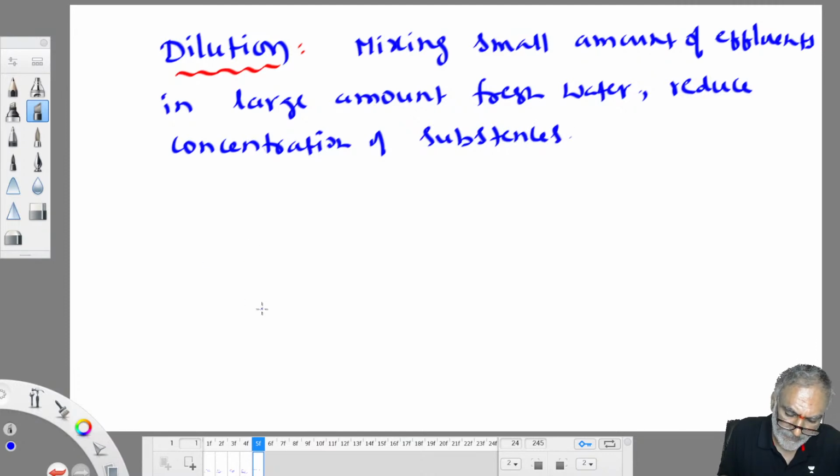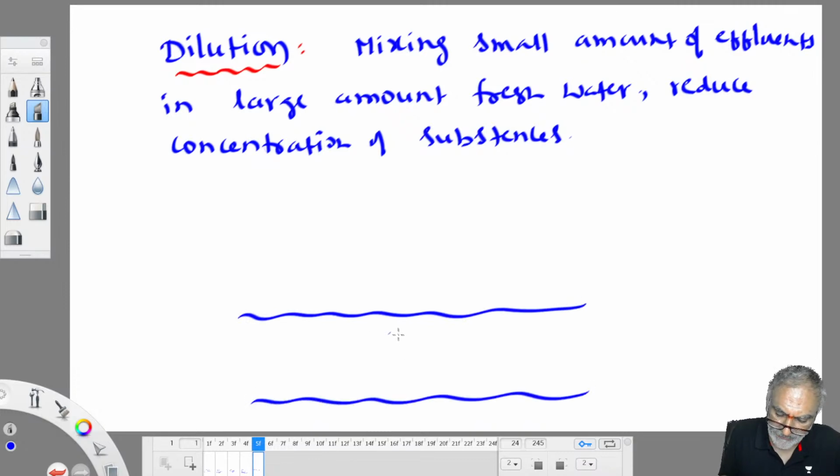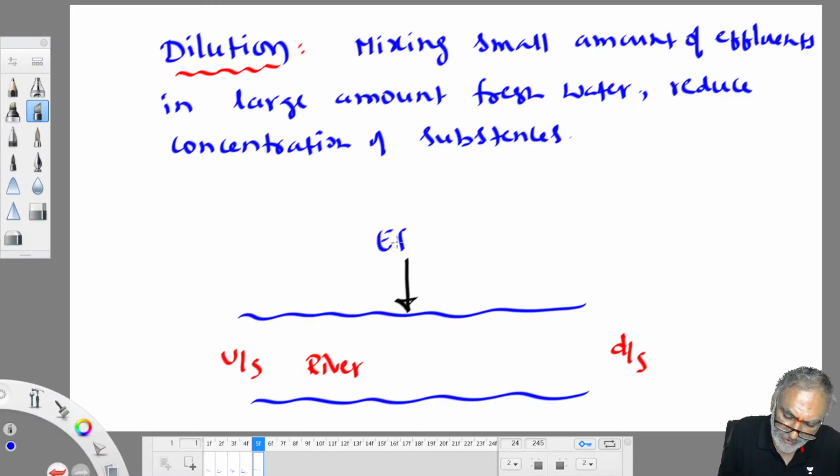Suppose there is a big river flowing nearby, carrying fresh water. This is a river. This is the upstream side of the river. This is the downstream side of the river. A stream of wastewater, so you are disposing bad waste into this river. This is effluent or wastewater.